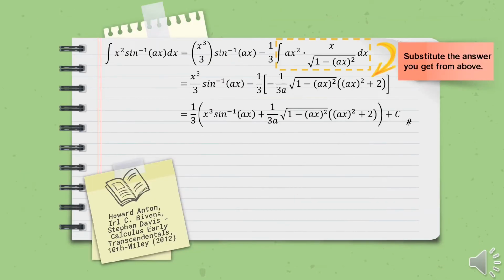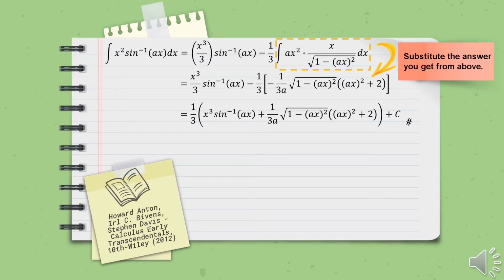So for the last step, we need to substitute the answer we got above. So the integral of x squared inverse sine ax dx is equal to x cubed over 3 inverse sine ax minus 1 over 3 times negative 1 over 3a square root of 1 minus ax squared times ax squared plus 2.